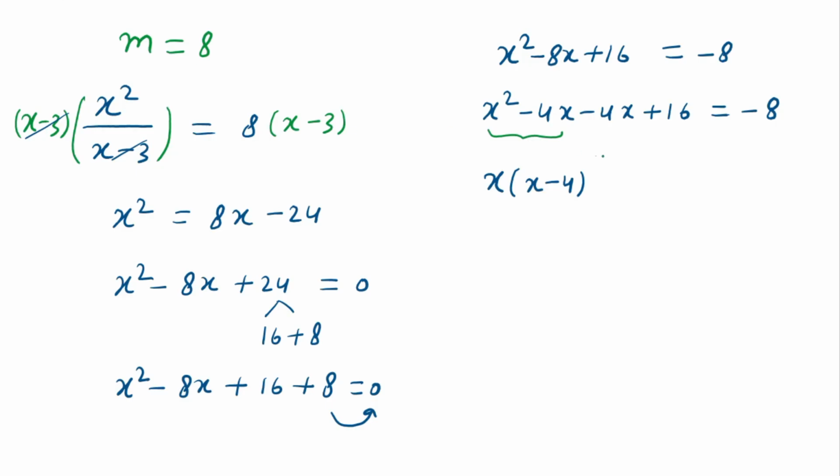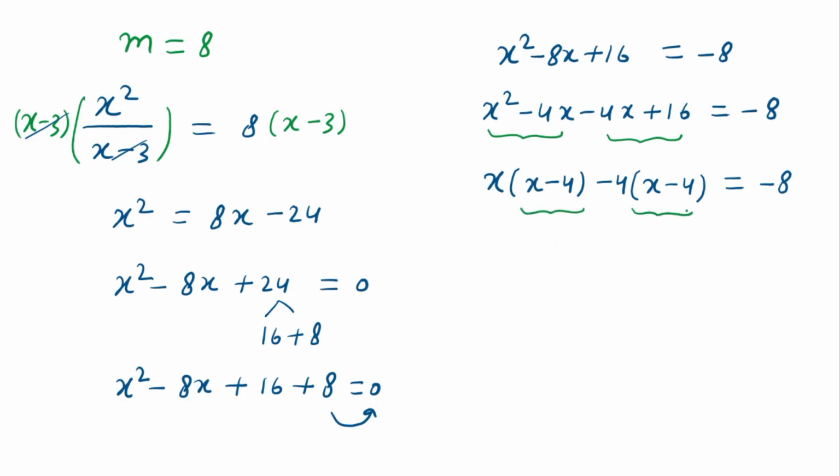And look carefully at these two terms. Here if we take minus 4 common, then minus 4 times x divided by minus 4 gives x, and plus 16 divided by minus 4 gives minus 4, and this equals minus 8. Here x minus 4 is common.